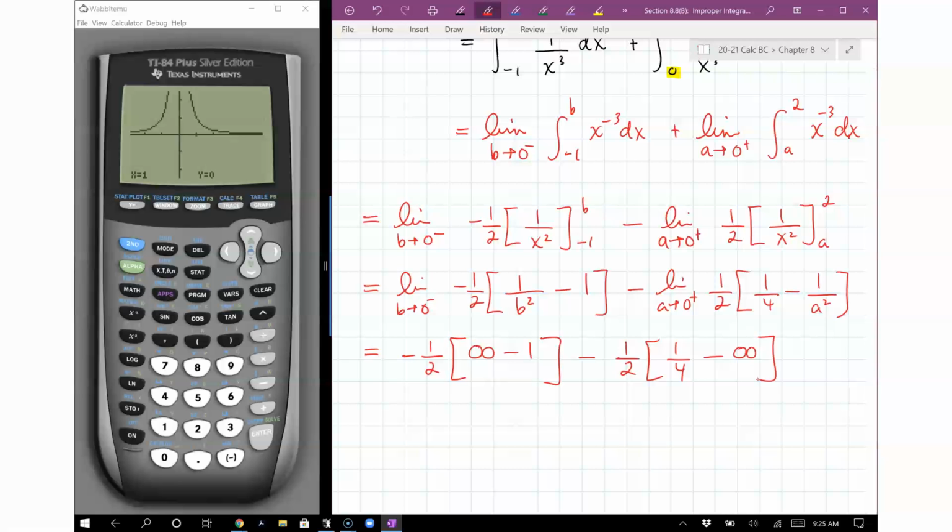Okay, so in this case we got a positive infinity. Actually, no, I'm sorry, a negative infinity. And then over here on this side, we're going to have a positive infinity.